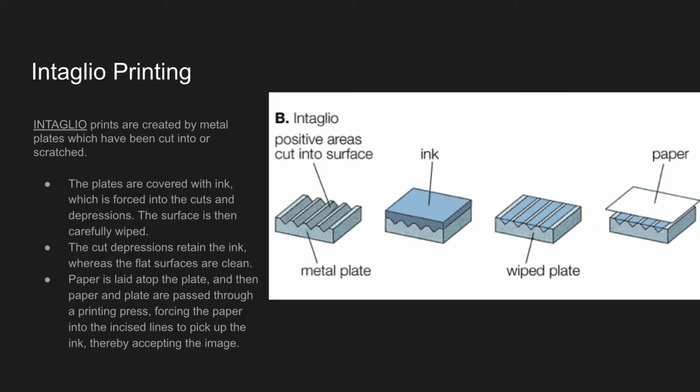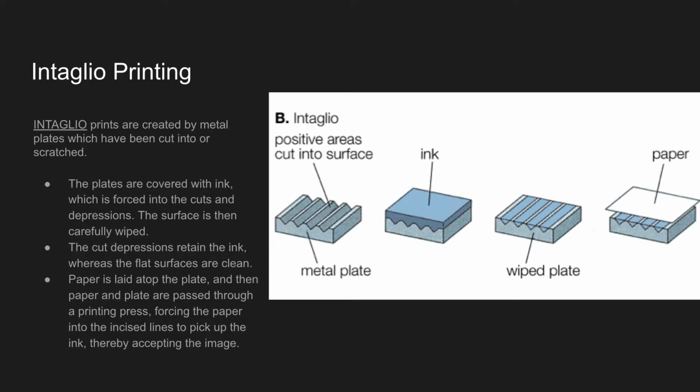Paper is laid atop the plate, and then paper and plate are passed through a printing press, forcing the paper into the incised lines to pick up the ink, thereby accepting the image. So, this process is different because it does not have ink sitting on the surface.